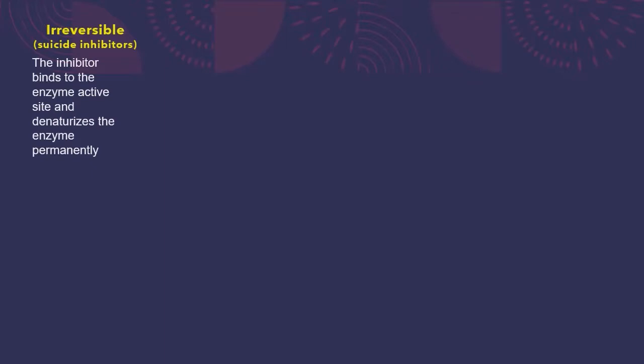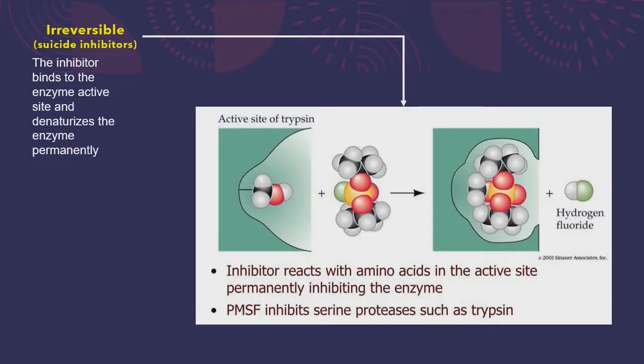The irreversible or suicide inhibition is a kind of inhibition wherein the inhibitor binds to the enzyme active site and denatures the enzyme permanently. So this is an illustration for that, wherein the inhibitor reacts with the amino acid in the active site and permanently denatures the enzyme.